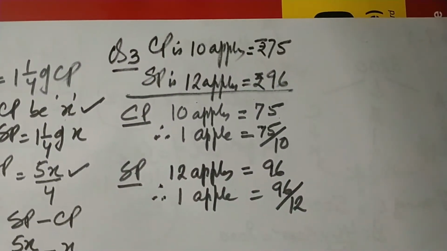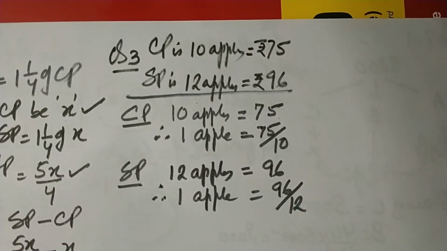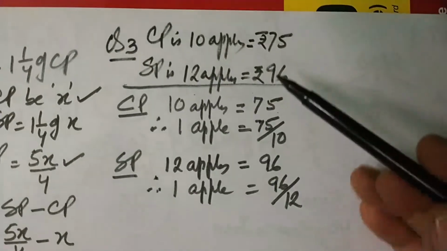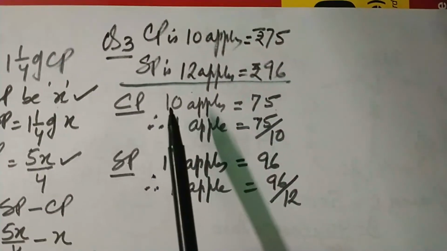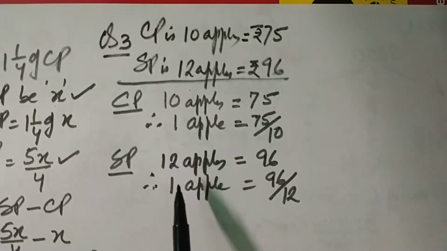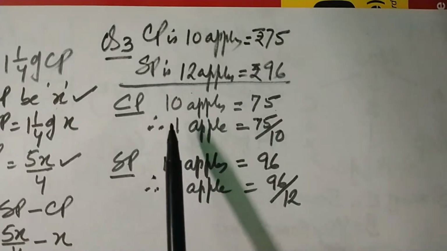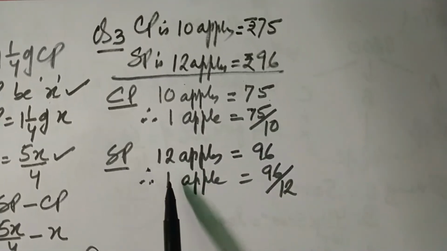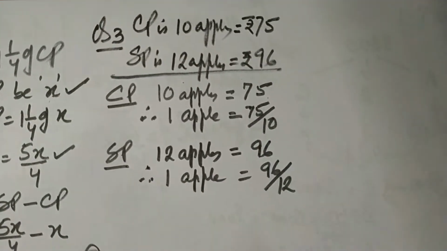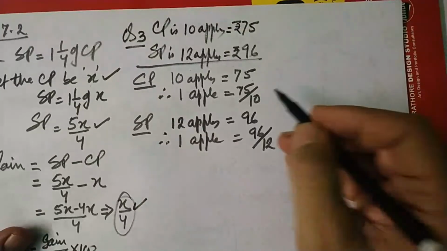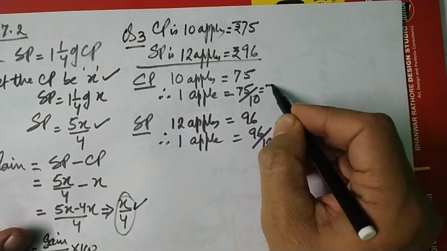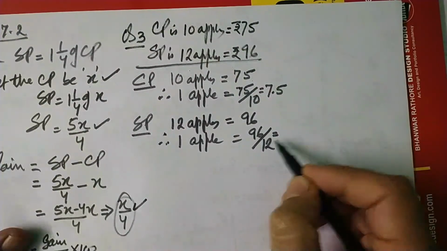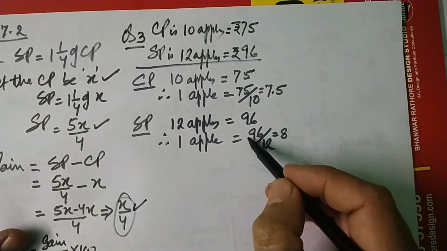Now from this I have found the cost of one and the selling price of one. Cost price of one becomes 75 upon 10 and the selling price of one becomes 96 upon 12. Here the answer becomes 7.5 and here the answer becomes 8 if I divide this.